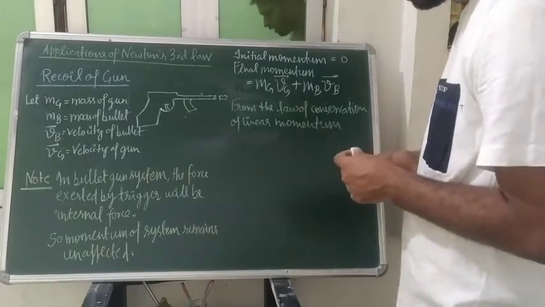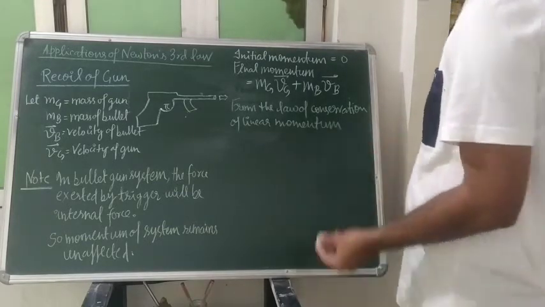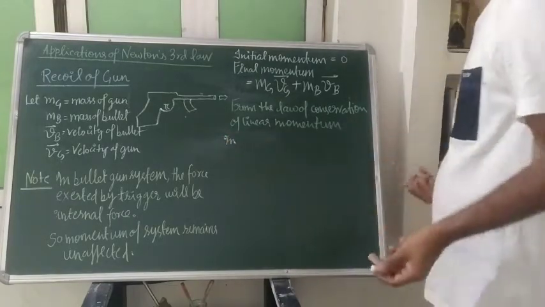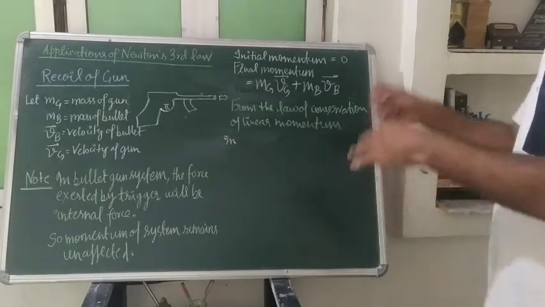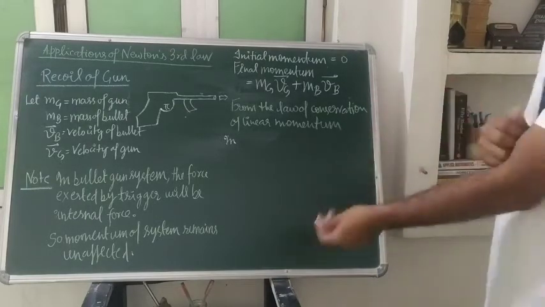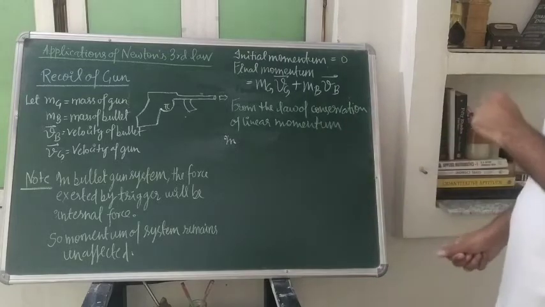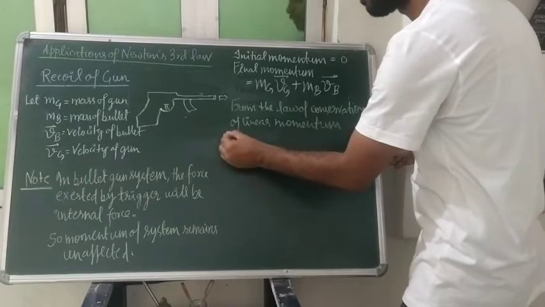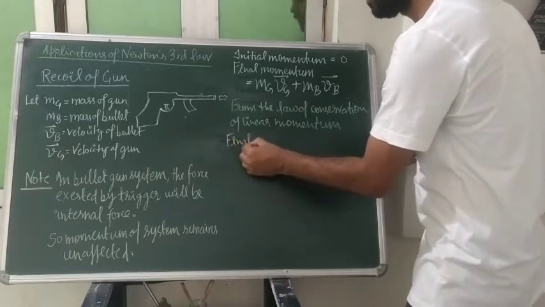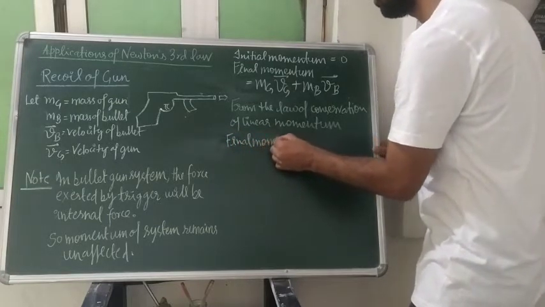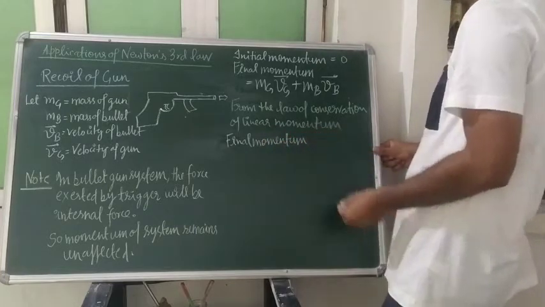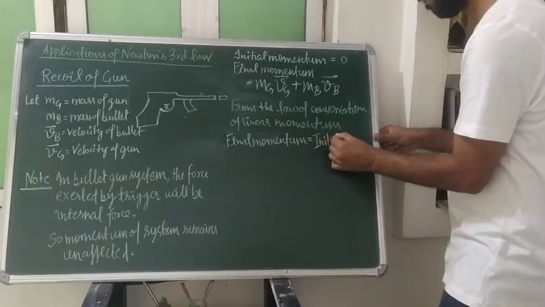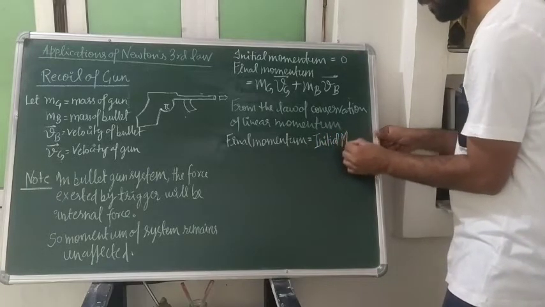So whatever the momentum was at the starting time, the same momentum will be there at the final time. Since it is constant, our final momentum is equal to our initial momentum.